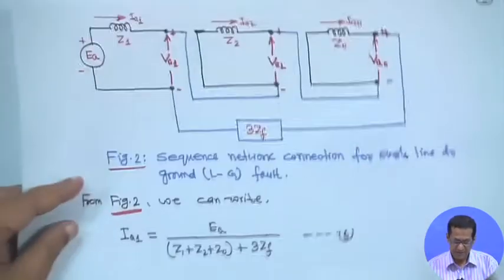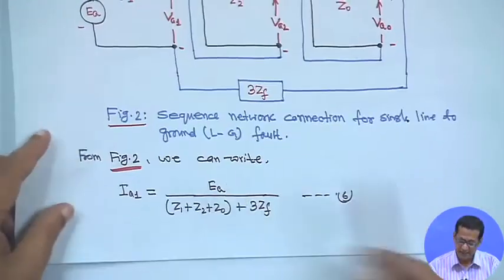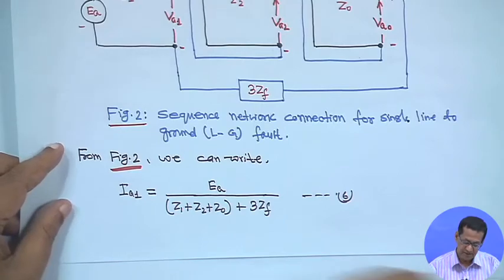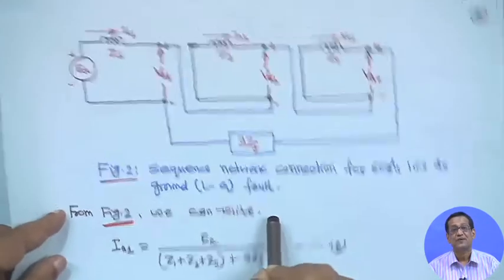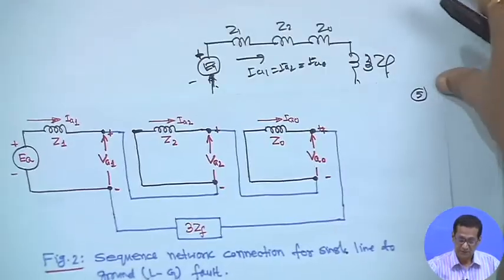So, as all three are the same, we write IA1 equal to EA upon Z1 plus Z2 plus Z0 plus 3 ZF. This is a simple one.